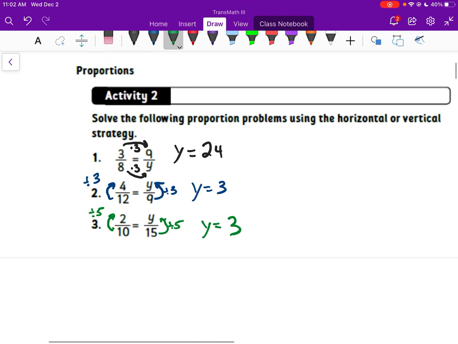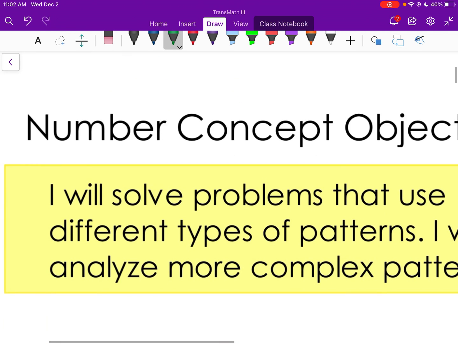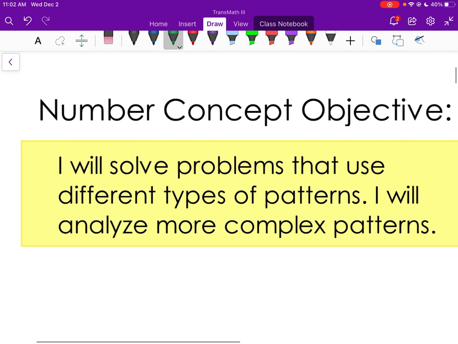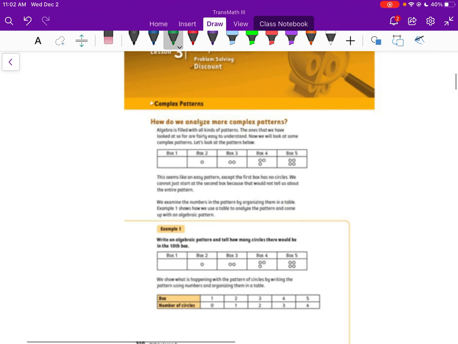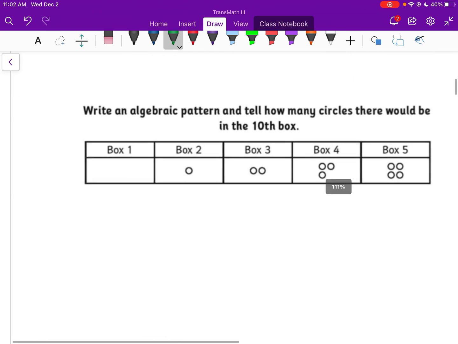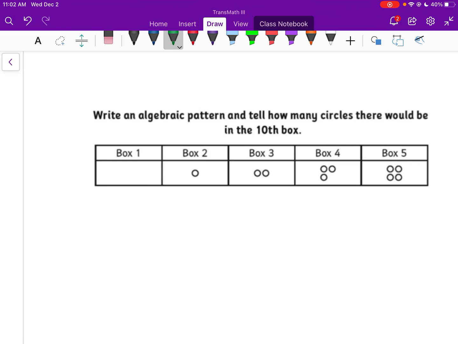All right, proportions. Now, for today, your objective is to solve problems that use different types of patterns. I will analyze more complex patterns. Okay, so we started to look at tables where we're given a box number and the number of circles. Anytime we did this, we always came up with a table to help us visualize the numbers.